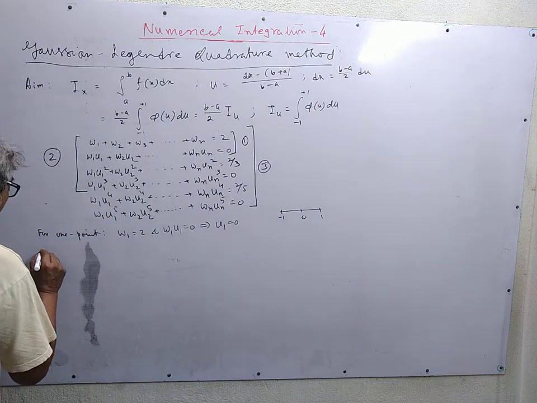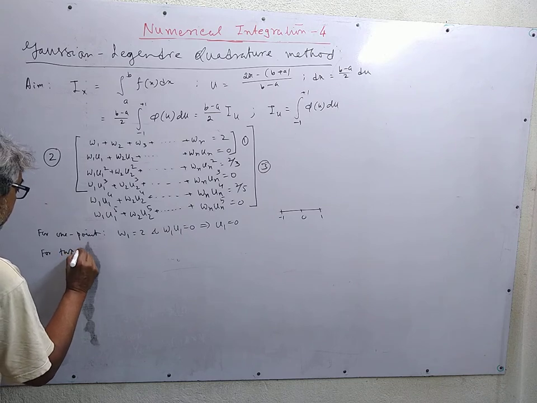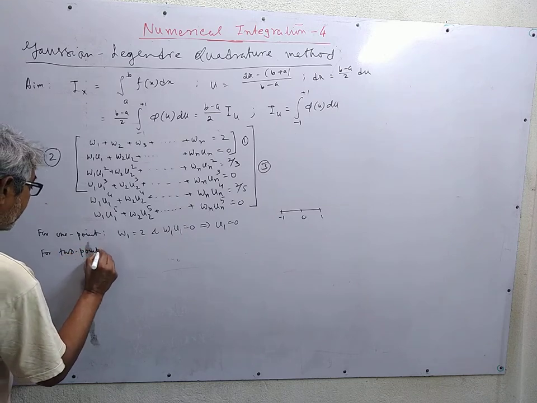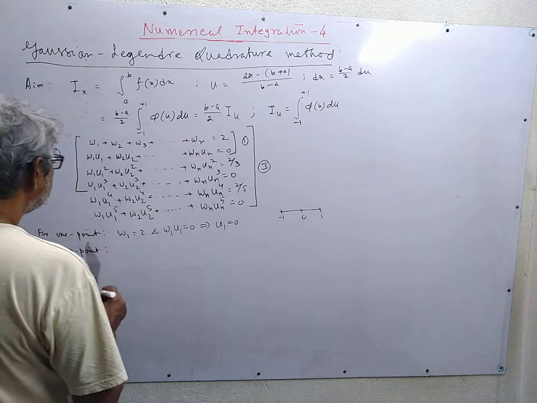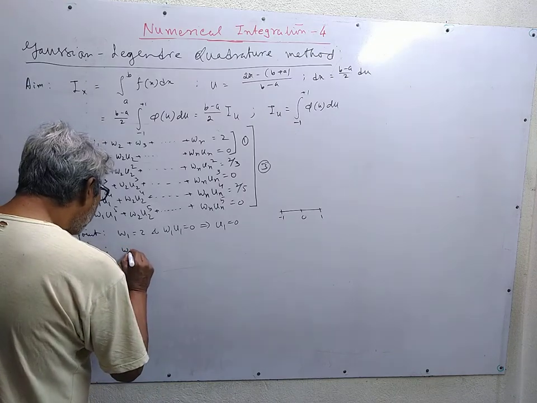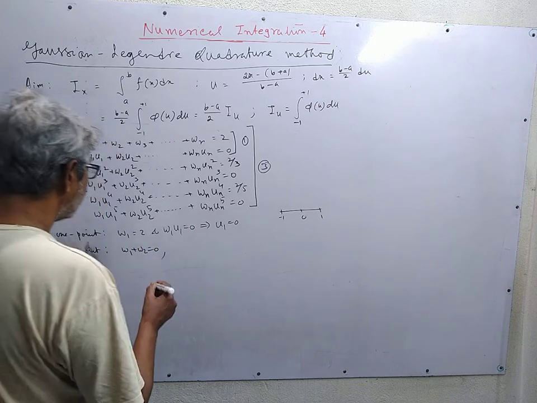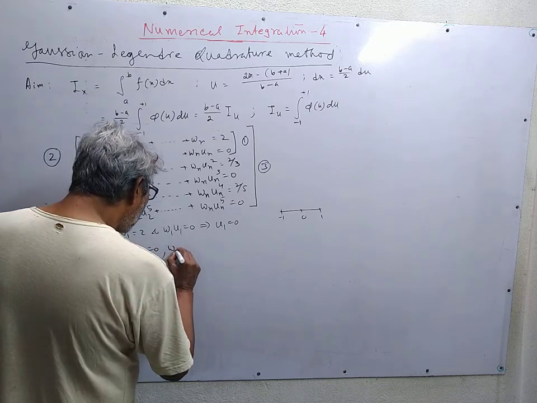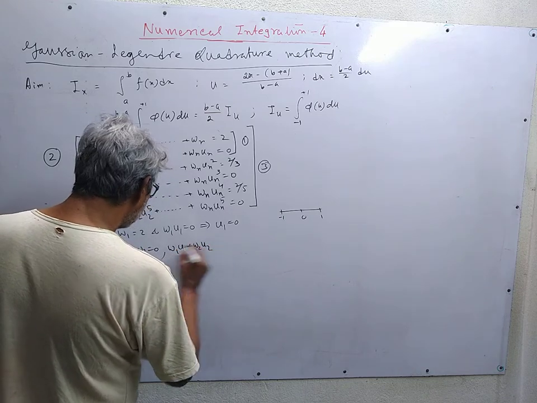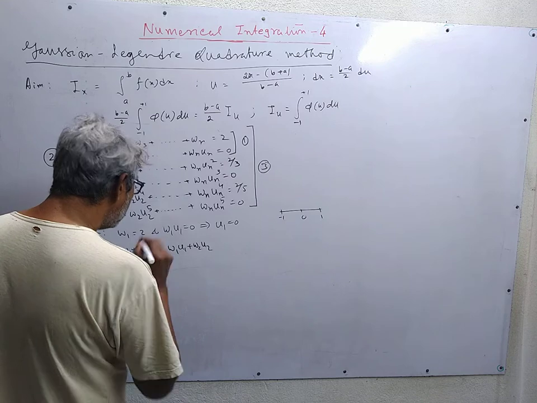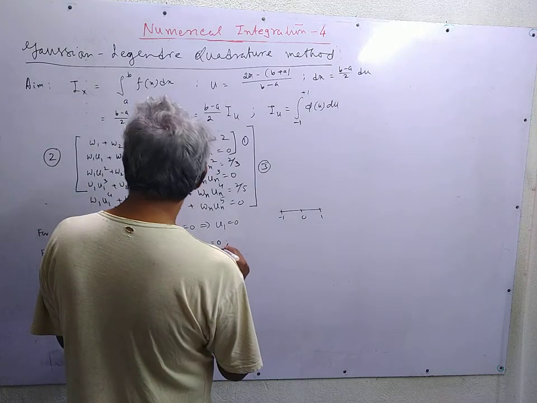For the 2-point formula, the equations are: W1 plus W2 is equal to 2, sorry, this is the first equation. Then W1 U1 plus W2 U2 is equal to 0.